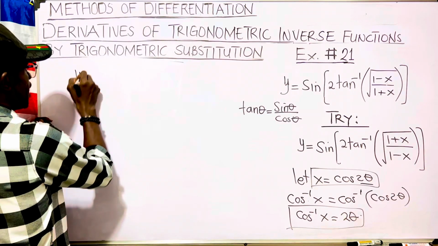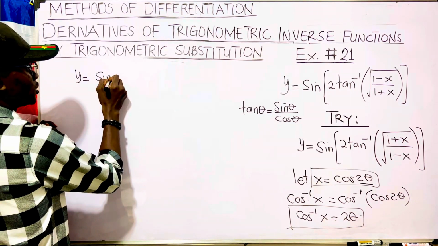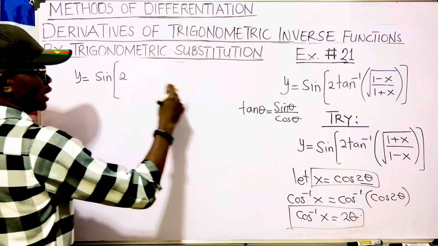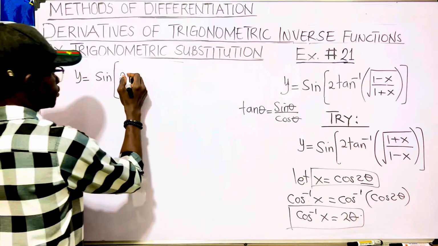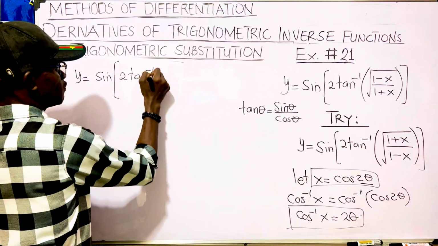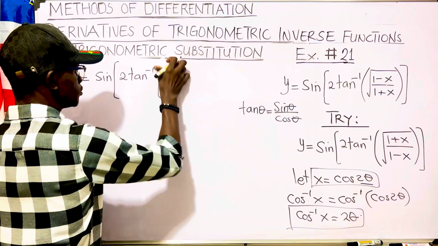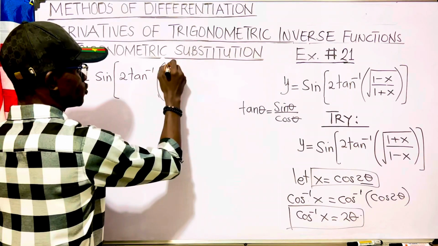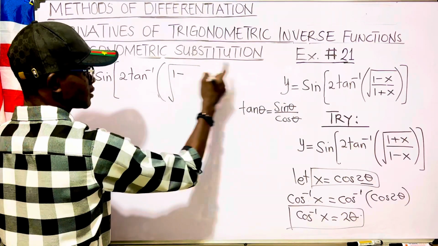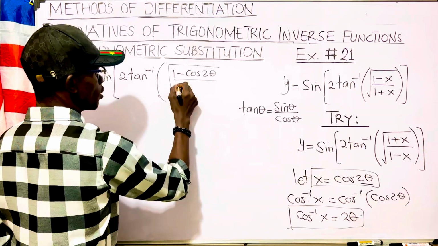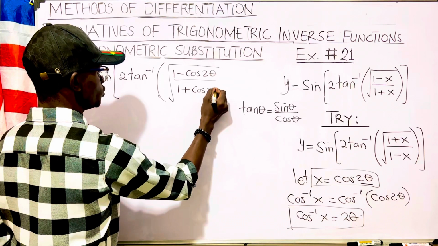So now we have y equals sine of 2 tangent inverse of the square root of (1 minus cos of 2 theta) all over (1 plus cos of 2 theta).